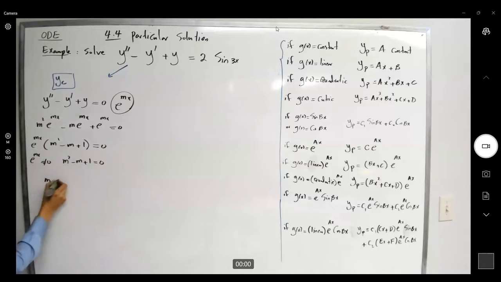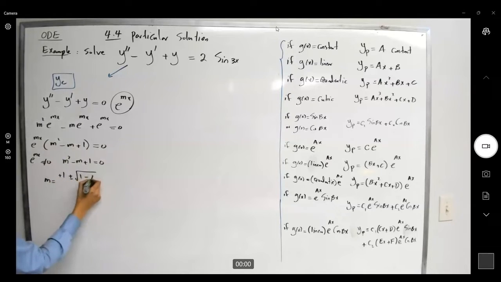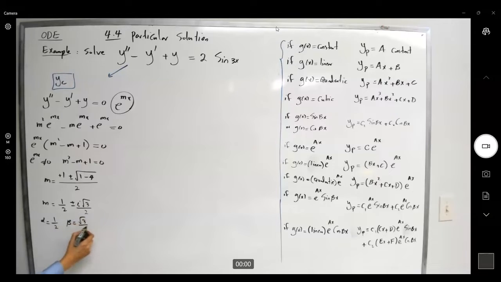So m is negative b plus minus square root of b squared minus 4ac divided by 2a. So m is equal to a half plus minus i square root of 3 divided by 2. So your alpha is a half and beta is square root of 3 divided by 2.